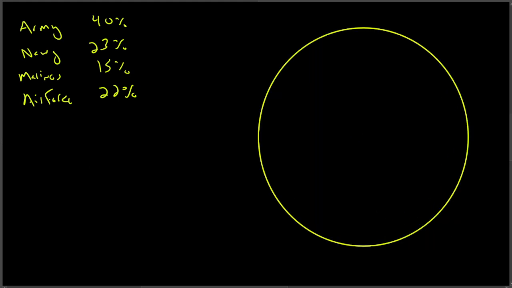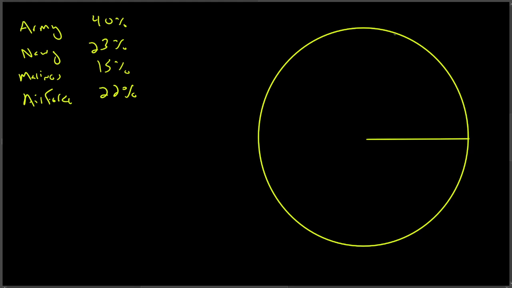Now what we need to recognize is that if I were to start a line from the middle of the circle and make an angle out of it, well, there's 360 degrees in the circle, is what I'm trying to say.